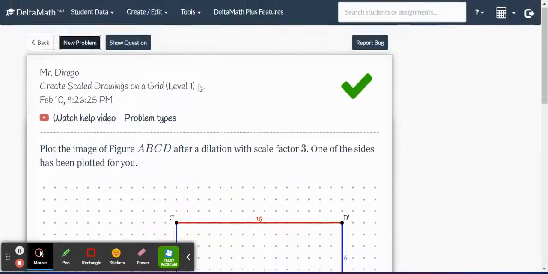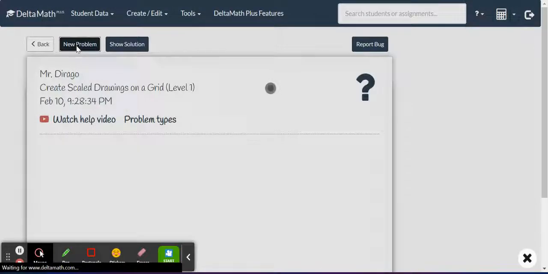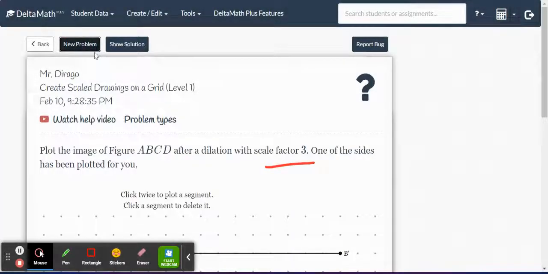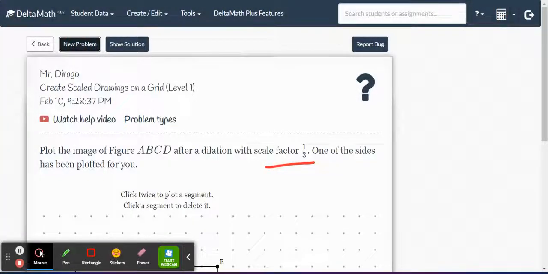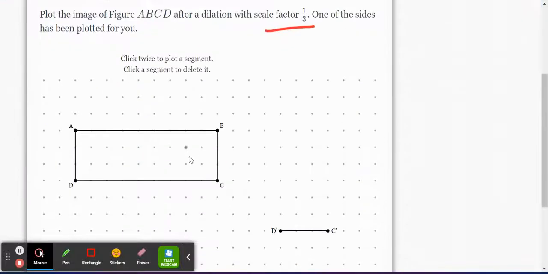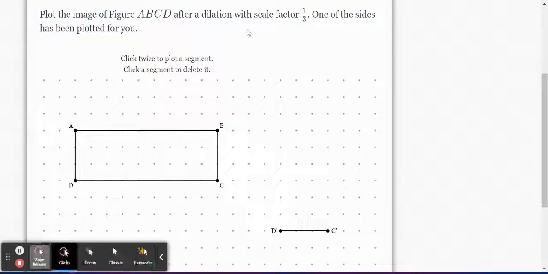Okay, let's look at another one. Let's go smaller here. I want to clear the screen. There we go.